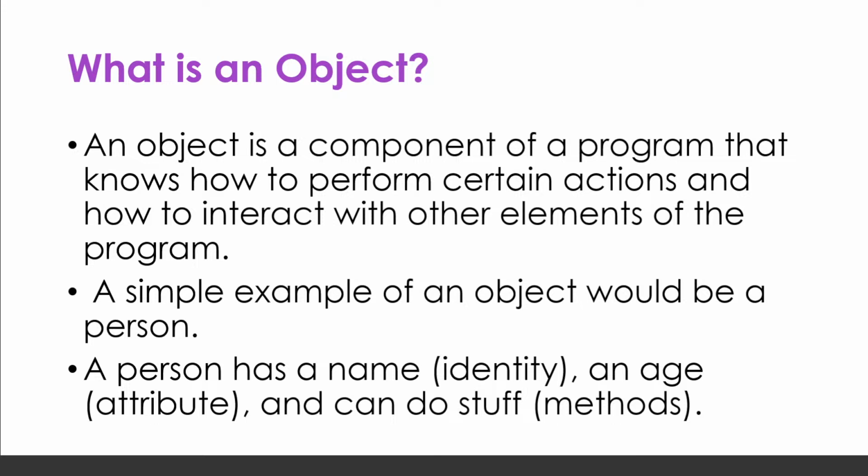So the way I usually like to explain it would be our second bullet point here. You're an object. I'm an object. We are all objects, programming-wise. We belong to class person.